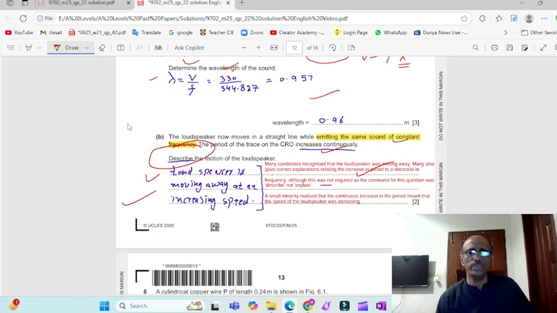If you explain it, that is fine, acceptable, but explanation is not required. A small minority realized that the continuous increase in the time period means that the speed of the loudspeaker was increasing. So this is the point which you have to keep in your mind.